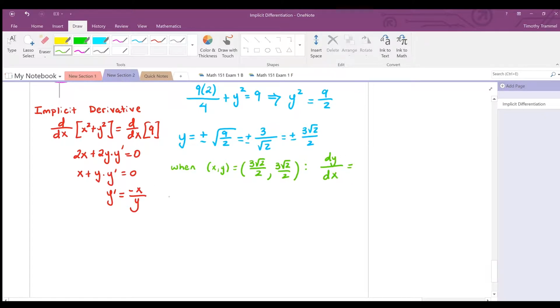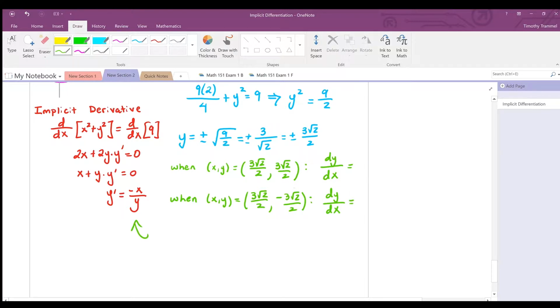But I'm also going to want to find the slope of the tangent line at our other point on this circle. How about 3 square root of 2 over 2 comma minus 3 square root of 2 over 2. We're just going to use this little formula right here to find our derivatives.